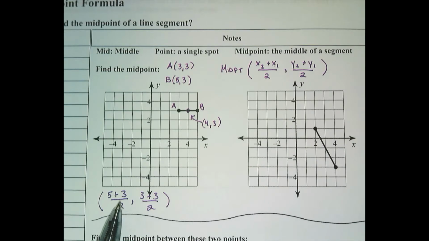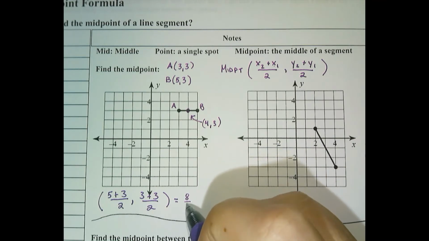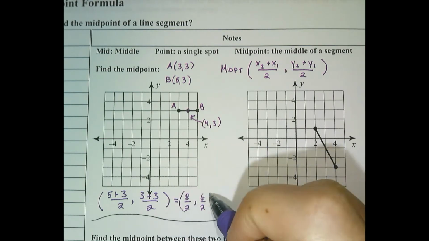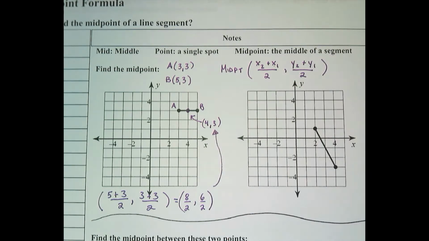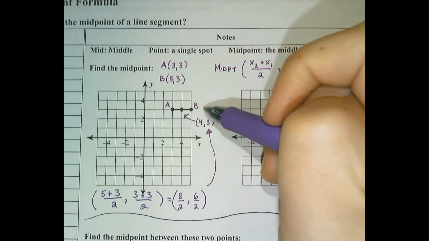And 5 plus 3 is 8 over 2, and 3 plus 3 is 6 over 2, which does in fact reduce down to 4, 3. So that confirms that.